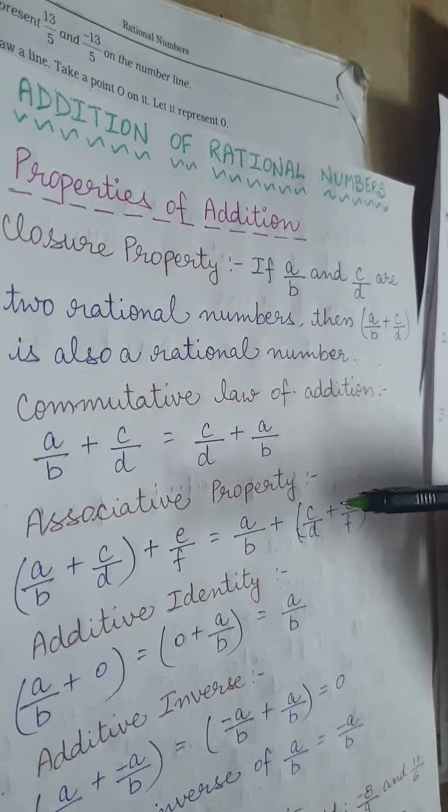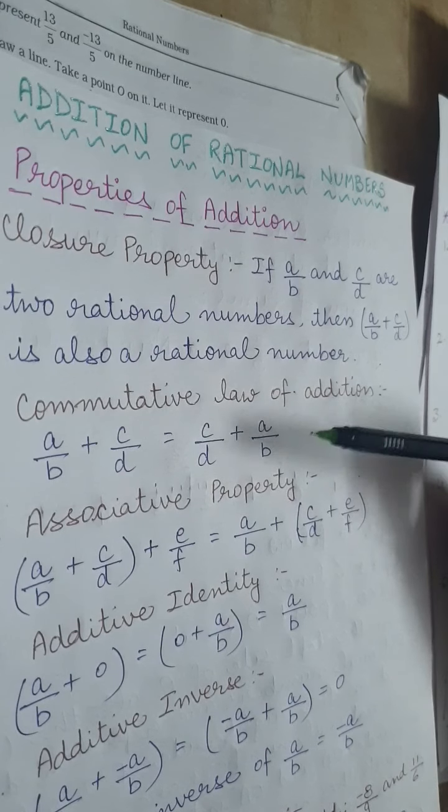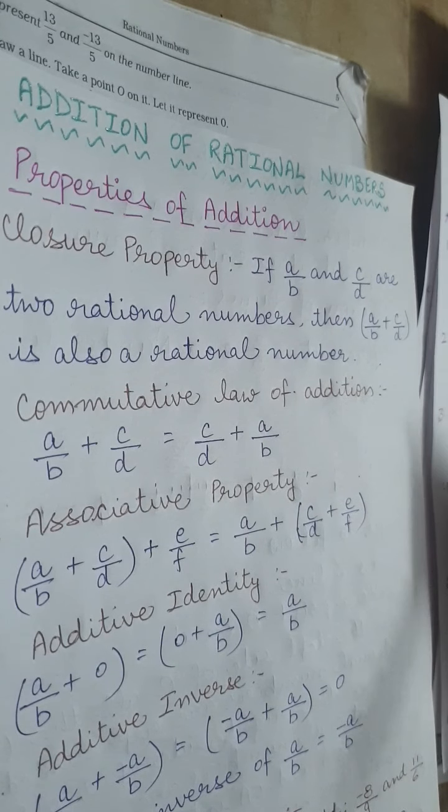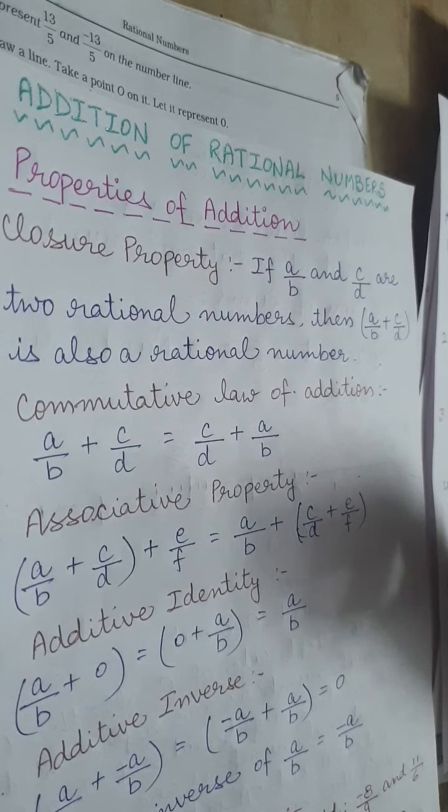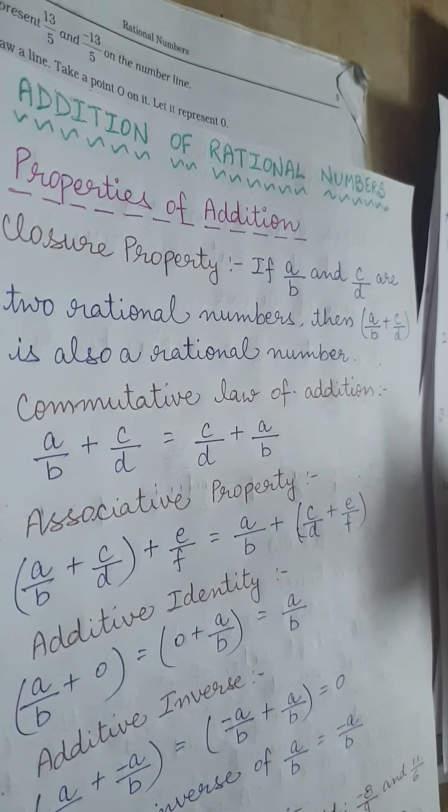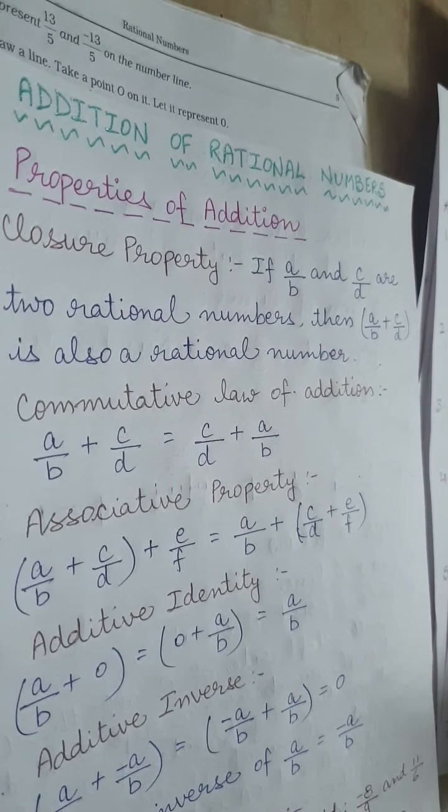And then the second law. What is the second law? Commutative law of addition, or it may be called the commutative property. It is regardless of order. For example, if we are adding 3 plus 4 and 4 plus 3, the result will be the same. If we do 3 plus 4 or 4 plus 3, is there any difference?